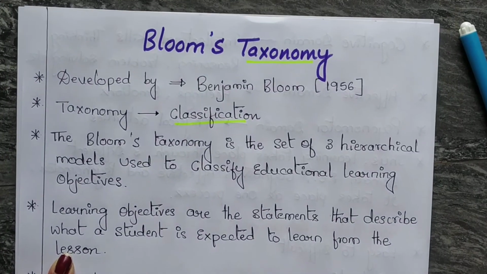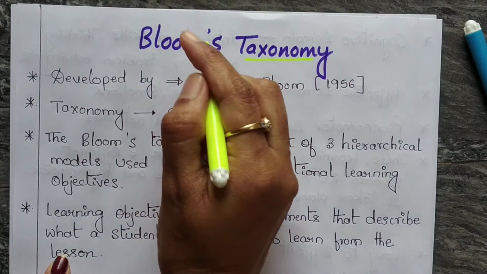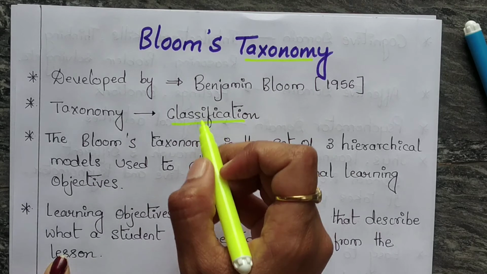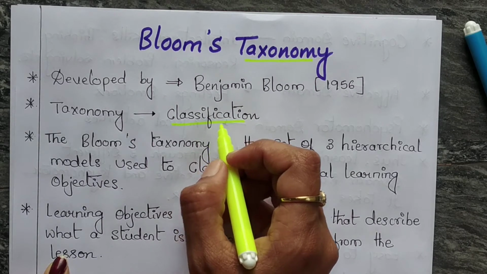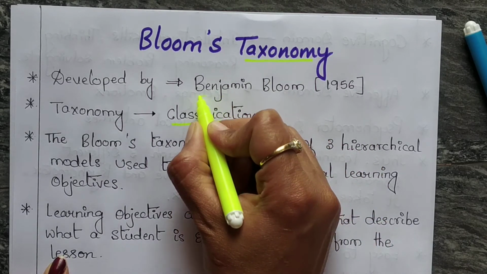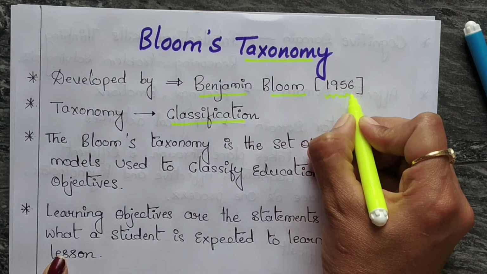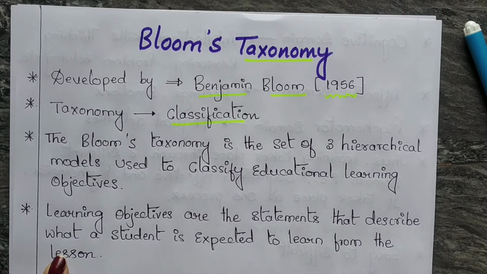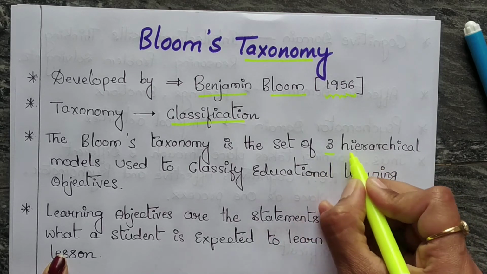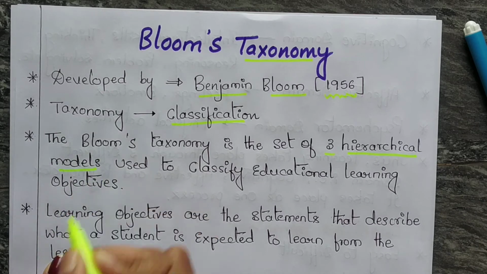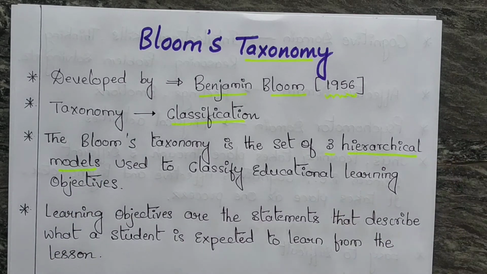Here this Bloom's taxonomy was developed or proposed by Benjamin Bloom in the year 1956. In this taxonomy, he prepared three hierarchical models used to classify the educational learning objectives.